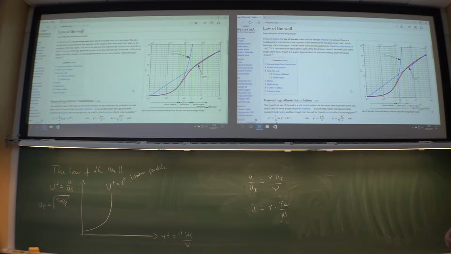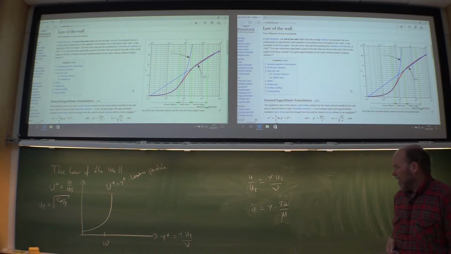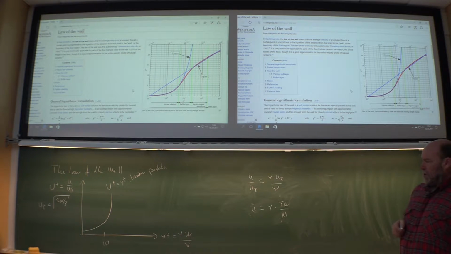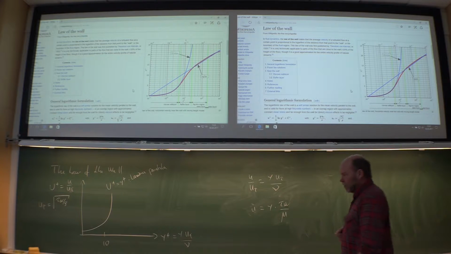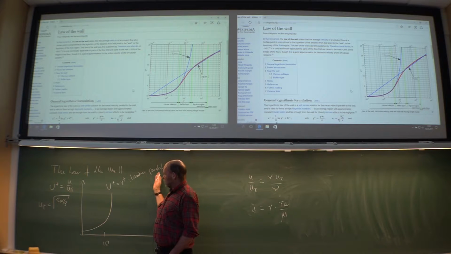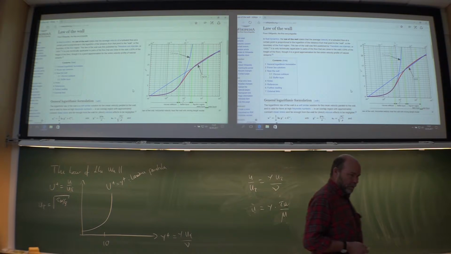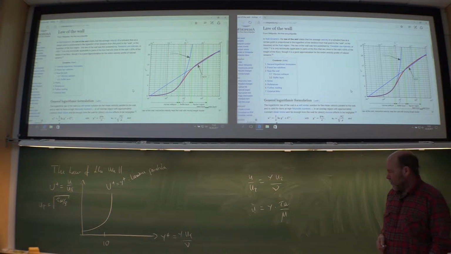And that has given the name to this innermost layer very close to a wall, some y plus equals 10 or smaller. People believe that, okay, here the flow is roughly laminar, because on average, the velocity profile tends towards this laminar parabolic solution. And yes, that's true, but that's definitely not the entire truth.